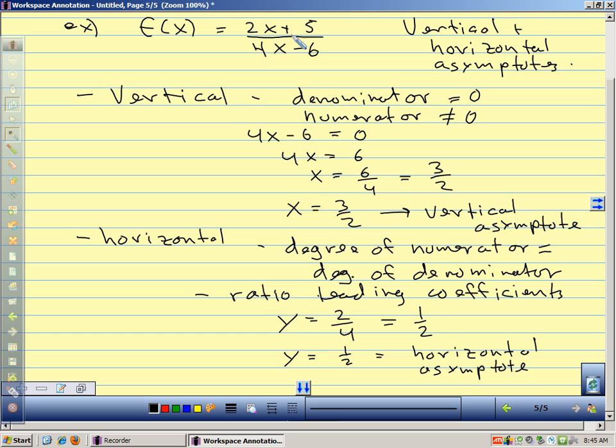So y equals 1/2 is our horizontal asymptote. The degrees of the numerator and denominator are the same, so we find our horizontal asymptote by taking the ratio of the leading coefficients. Questions before we go on?